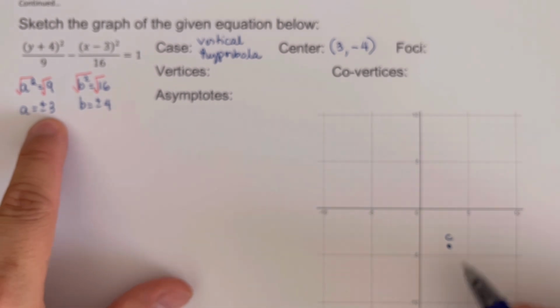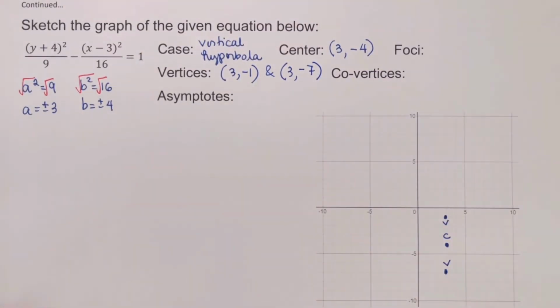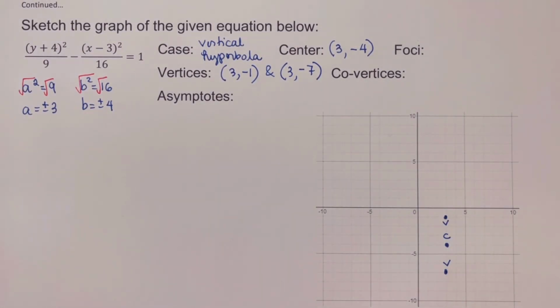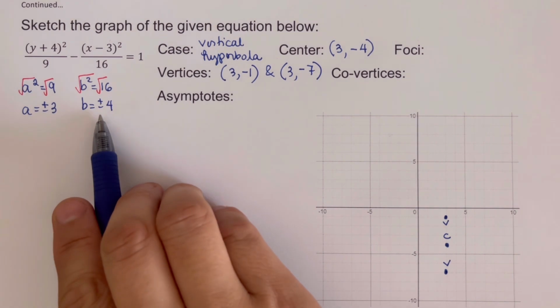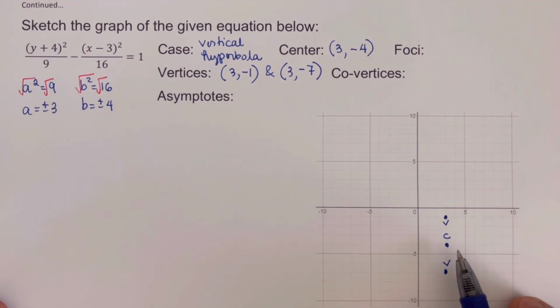So that's going to be 3 units up and 3 units down. So these are the coordinates of the two vertices. To determine the co-vertex, again, since this is a vertical hyperbola, we will take the value of b, and that's going to be 4 units to the left and 4 units to the right.